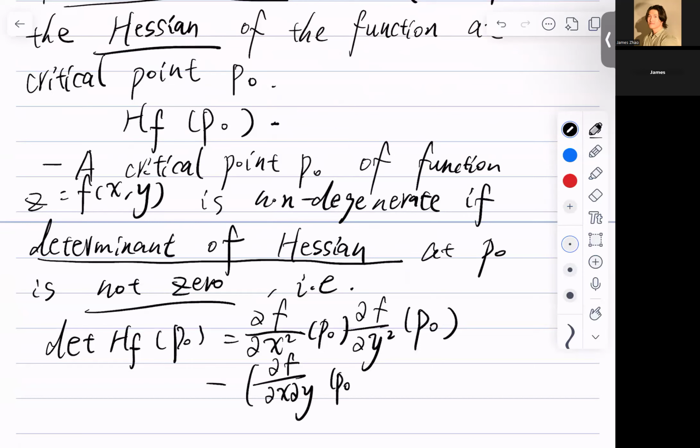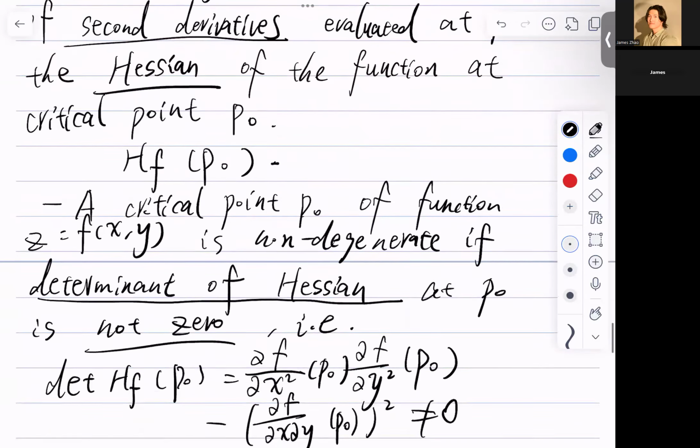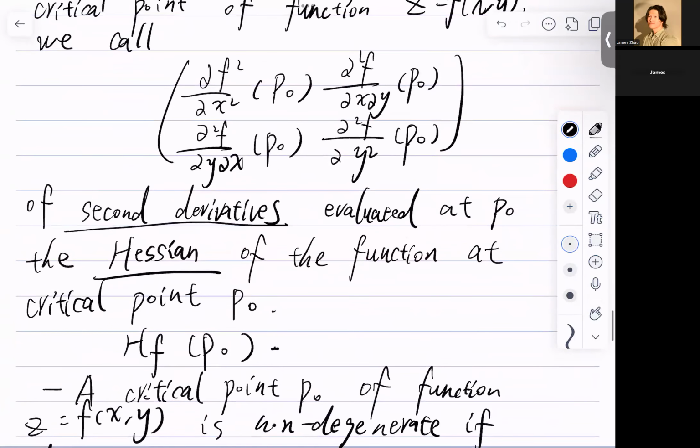This value is not zero. And as we can see in this case, our two matrices, I should probably use red. Our two entries in this matrix are the same.